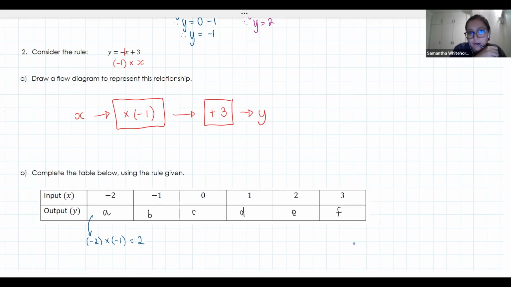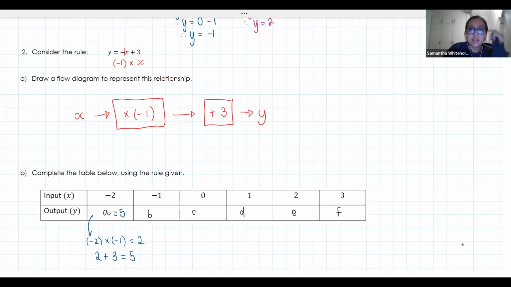And I said 2 plus 3 is equal to 5. Excellent. So guys, really important there, like Unam said, a negative times a negative is a positive. So -2 times -1 is +2. We need to be careful of those signs. Excellent, Unam. Thank you. Well done. Right, so guys, the final answer there was 5.